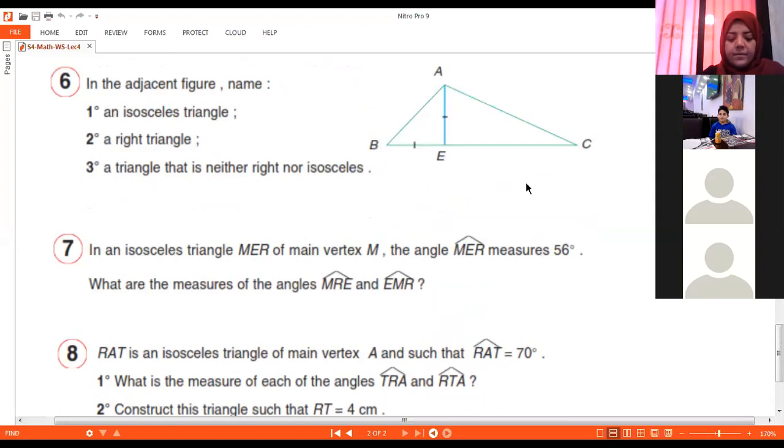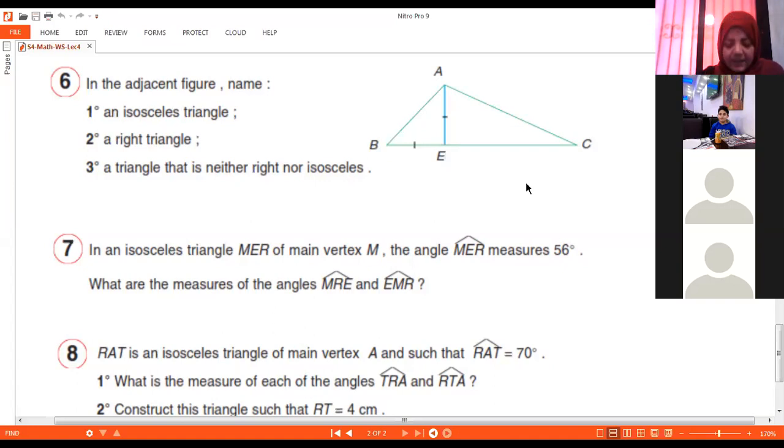No, the vertex is M. We are now in question number 7. I'm telling you that we have an isosceles triangle MER of main vertex M.